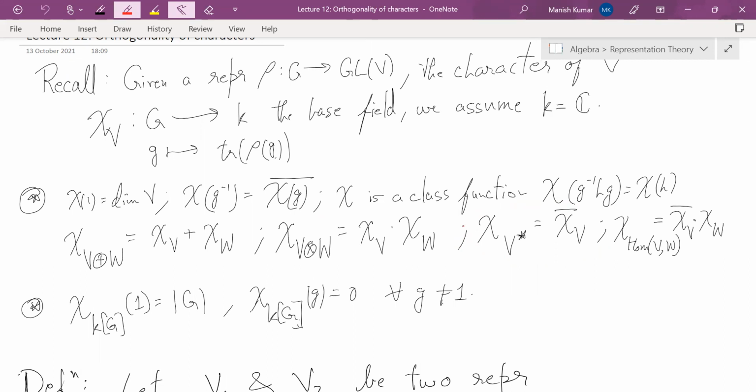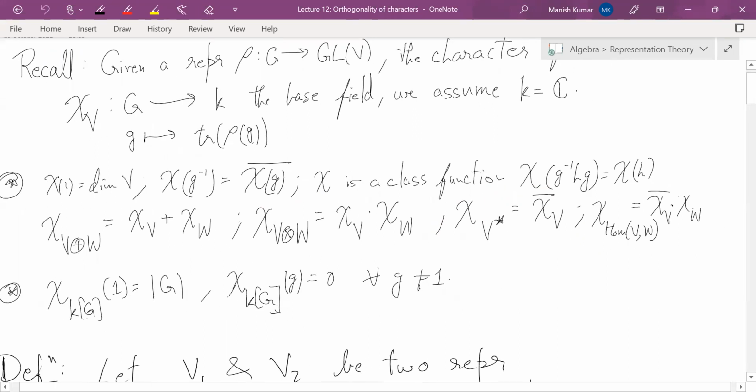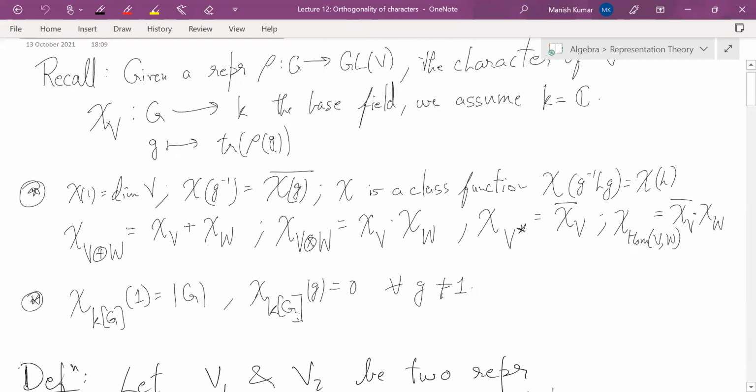One can do it over an arbitrary field, but then one has to understand what conjugate is. And for the character of Hom(V, W), you can use the fact that Hom(V, W) is just V dual tensor W. Using that property and these two, you get the character of Hom(V, W).